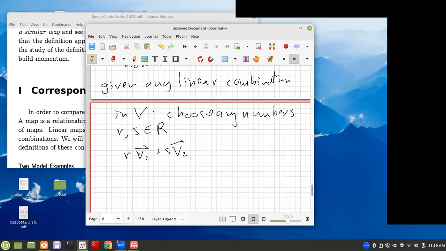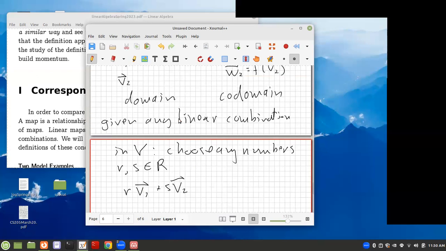So this is an arbitrary linear combination of two vectors, okay? If I take any number times V1 plus any number times V2, and V1 and V2 can be any vectors in the domain, then I've chosen an arbitrary linear combination.